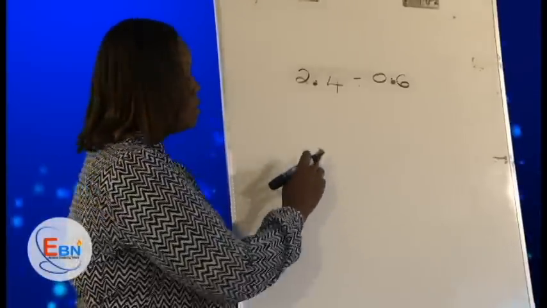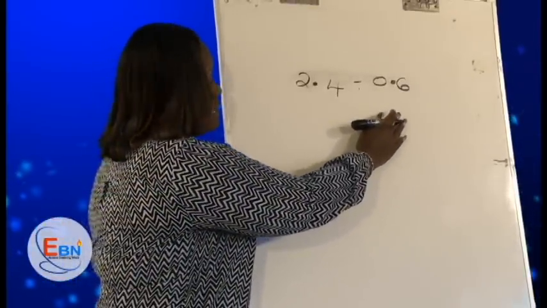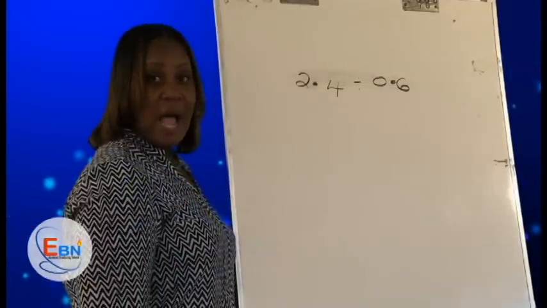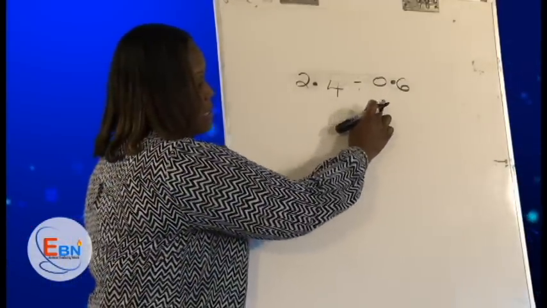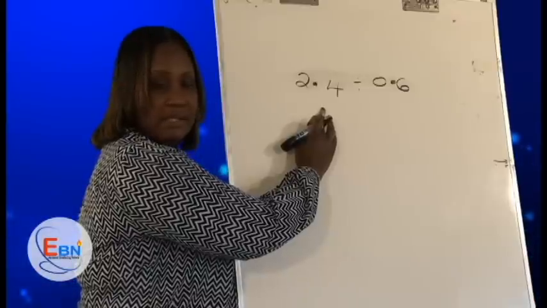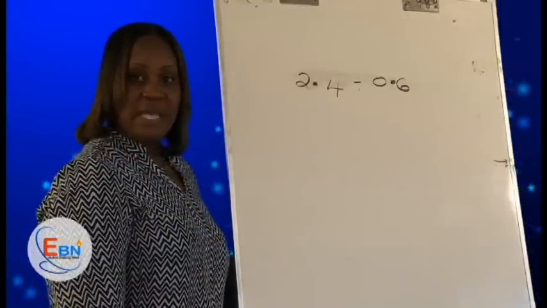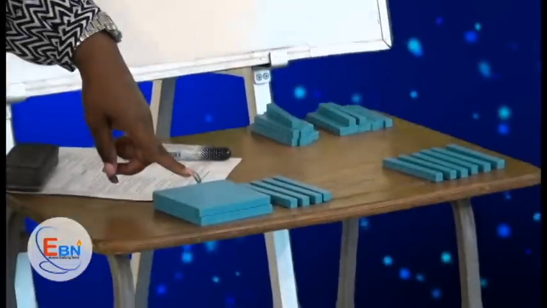Using the question, 2.4 divided by 0.6 means how many 6/10 are in 2 4/10. We're going to illustrate this using our base 10 pieces.